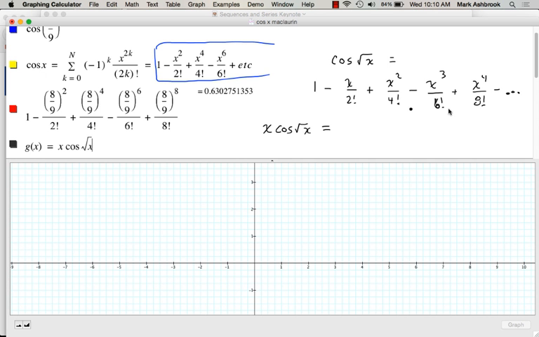So I've got cosine radical x, and now I want the power series for x times cosine radical x. So what are we doing to cosine radical x? We're just multiplying by x, right? So what would you get if you took the power series and multiplied it by x?